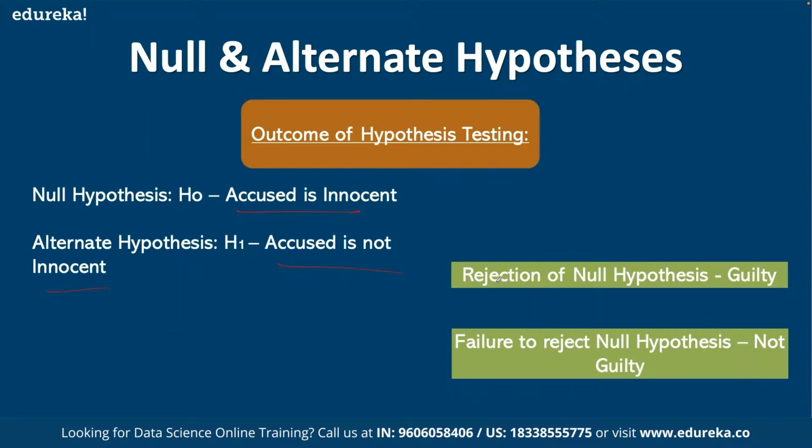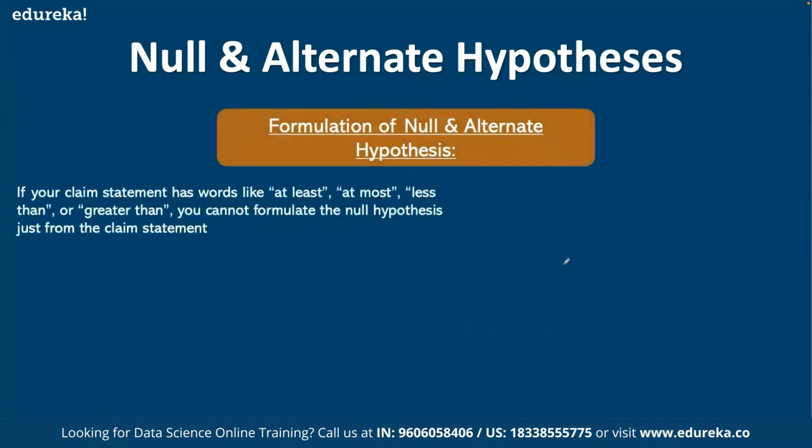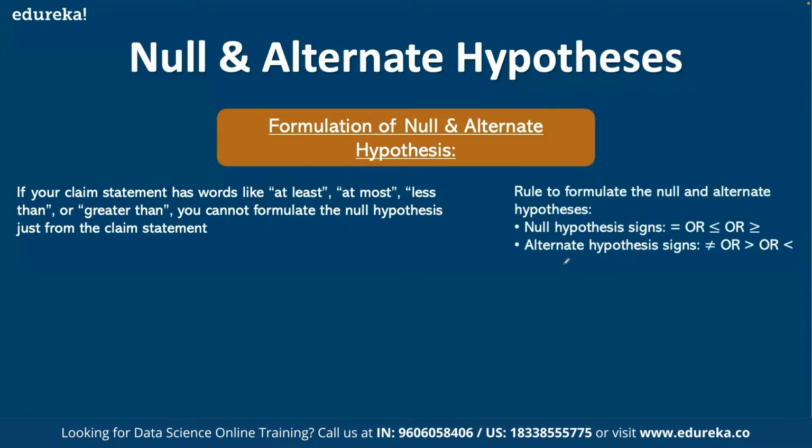Next, if I go ahead with the alternate hypothesis, we are going to reject the null hypothesis. When we are formulating the null hypothesis and the alternate hypothesis, suppose your claim statement has words like at least, at most, less than, or greater than. In such scenarios, you cannot formulate the null hypothesis just from that claim statement. So the rule to formulate the null and alternate hypothesis is like this.